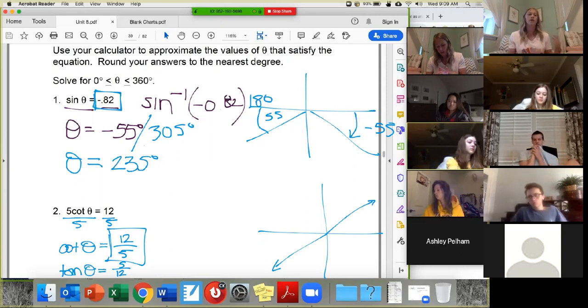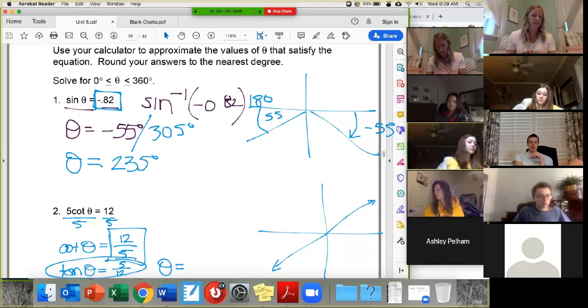Now, if you have an Inspire, you could have the inverse sine, cosine, tangent, and the 3 reciprocals. If you have an 84, you don't have the inverse buttons for the 3 reciprocals, so it's especially important for you to change it into that form there, because now to type this in our calculator and get our first answer, if you have an 84, you have to do inverse tangent of 5 over 12 because you don't have inverse cotangent.